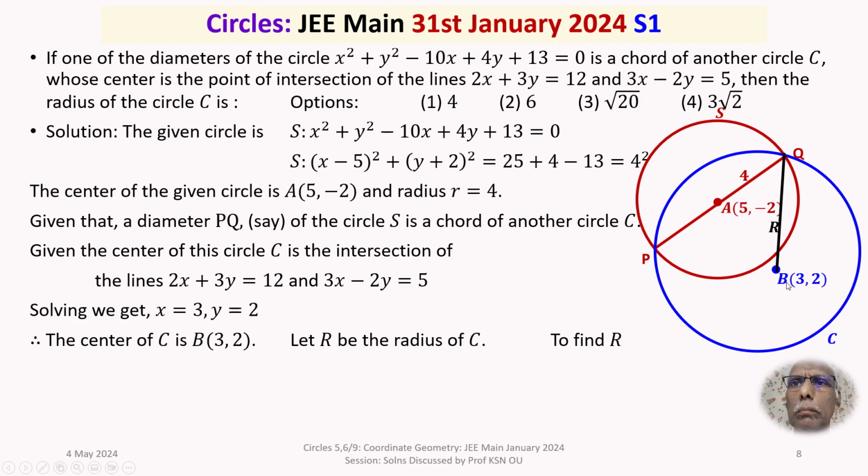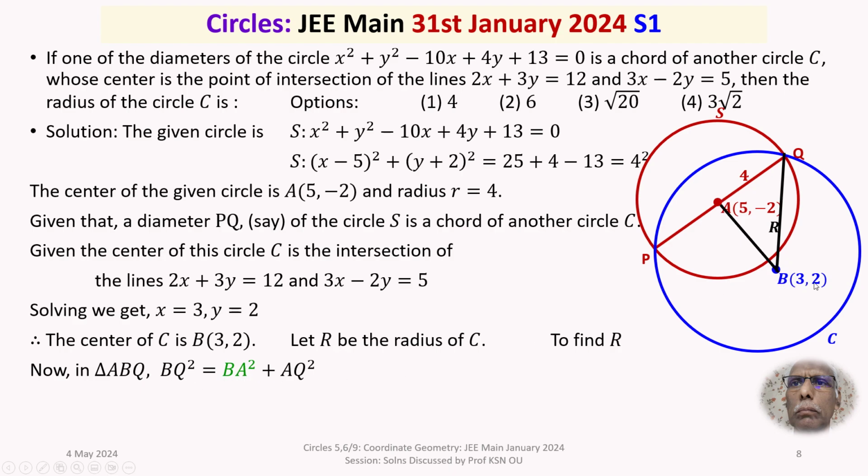Now join BA. So B is the center of C and A is the center of S, whose coordinates are known. Now, in the triangle ABQ, it is a right angle triangle, right angle at A. BQ square, that is the hypotenuse square, is equal to BA square plus AQ square.